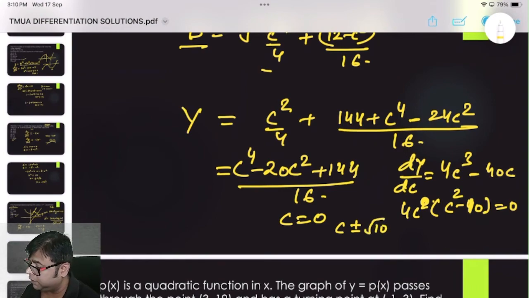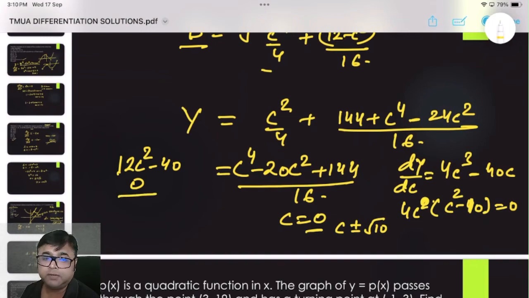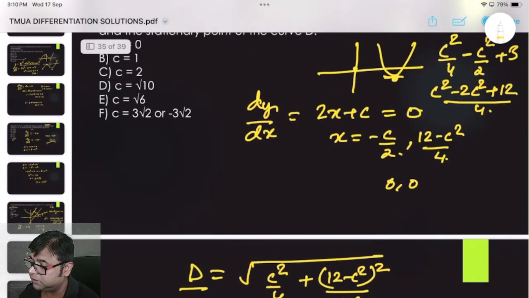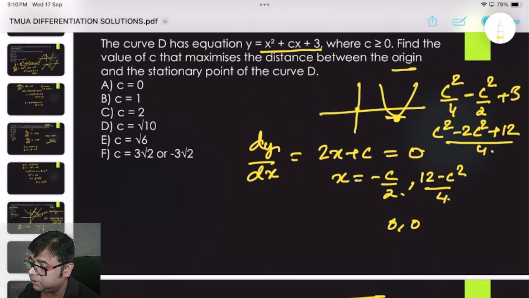I have to maximize, so I need to check the second derivative. Second derivative will be 12c square minus 40. So at 0 it will be negative, and at root 10 it will be positive. So 0 will be the point of maxima. So at c equal to 0 it gets maximized. So the answer is c equal to 0.